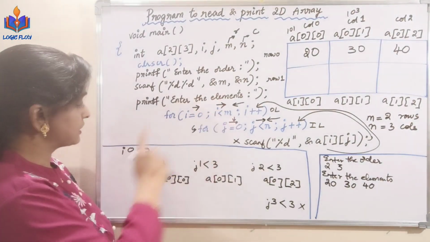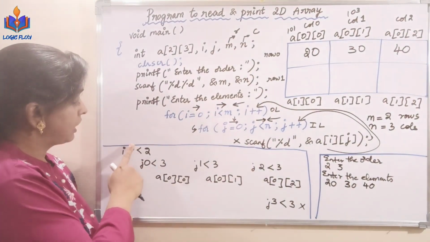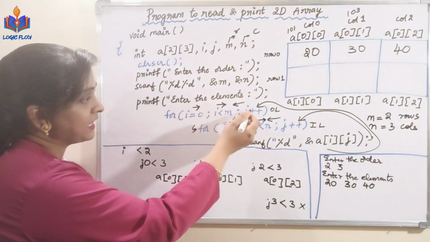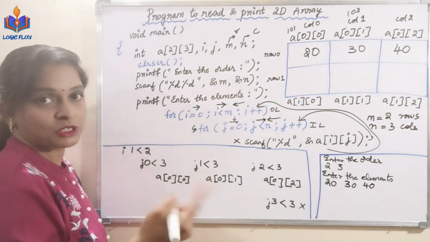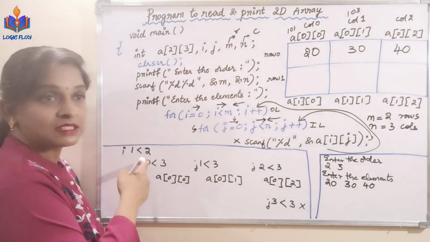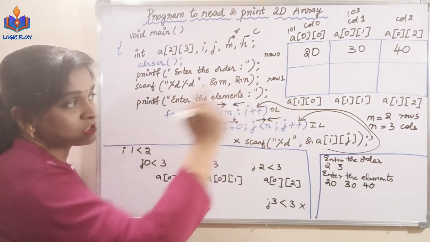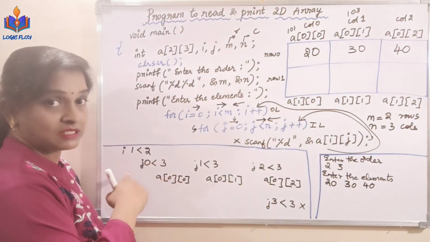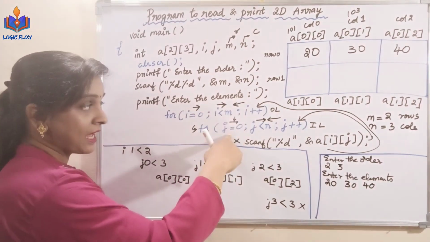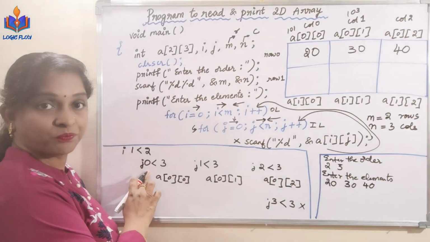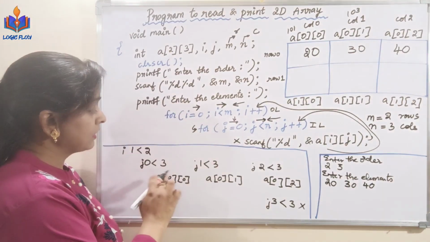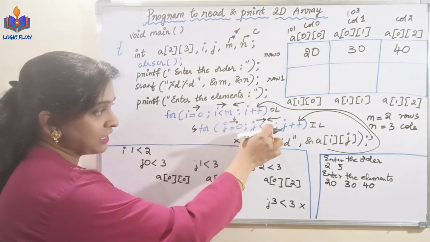i gets increased. Now let me change this value here. Check the i value here. i becomes 1, 0 plus 1. 1 less than 2? m means it is rows. 1 less than 2, condition true. Again get inside. The inner loop once again starts from the first, so j is 0. Now 0 less than 3, check the condition.